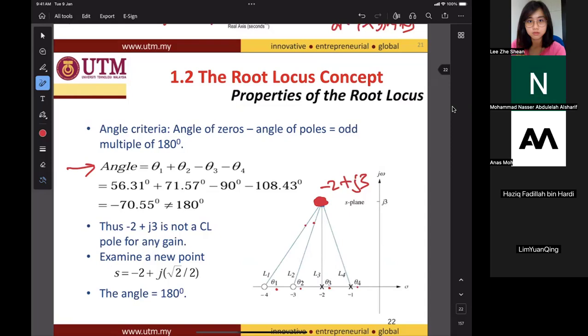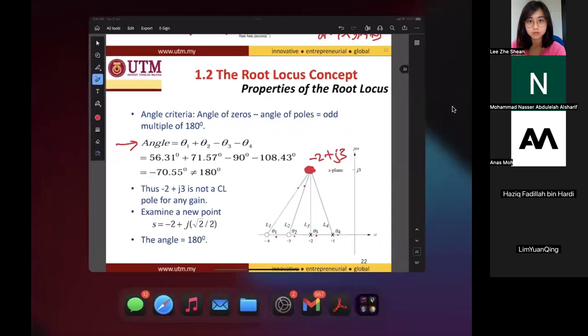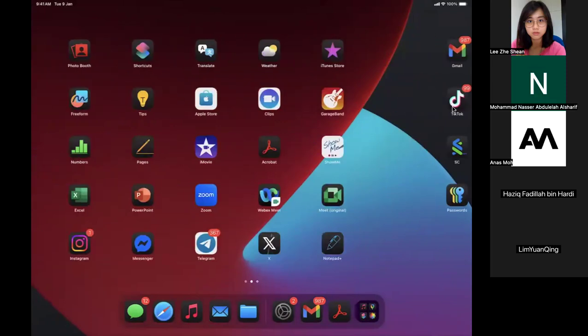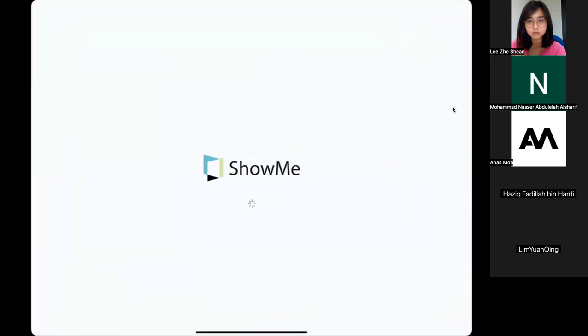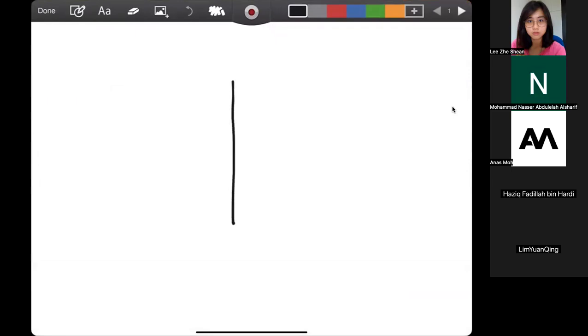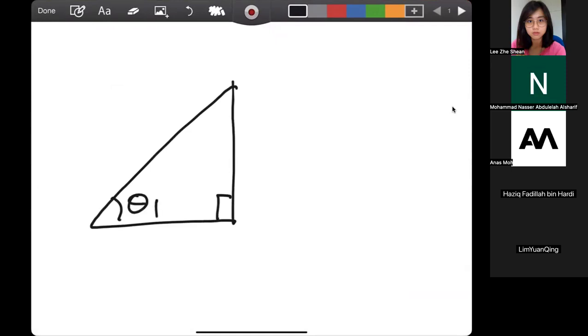Li Zishan, are you there? How do you measure θ1? This is 3 because of j3.